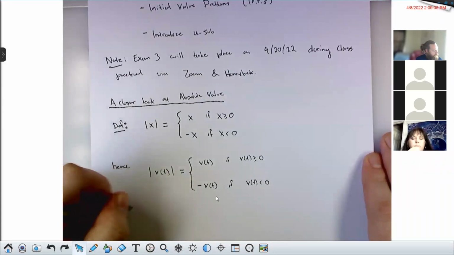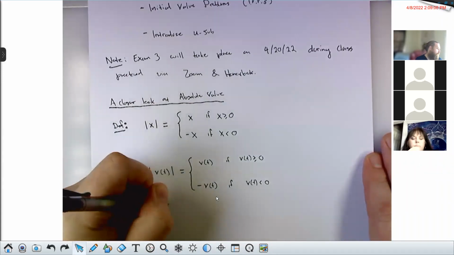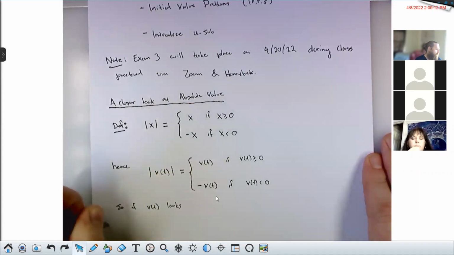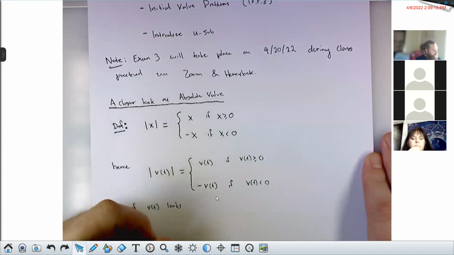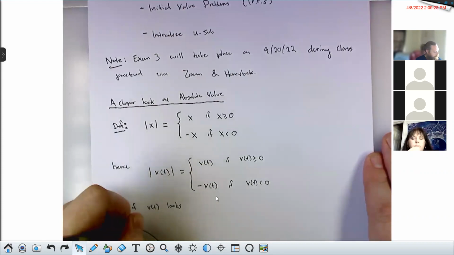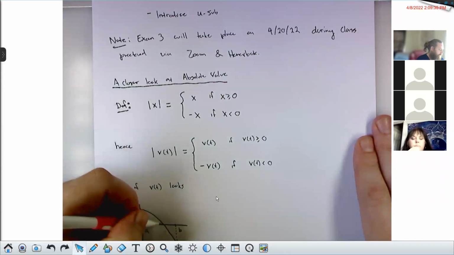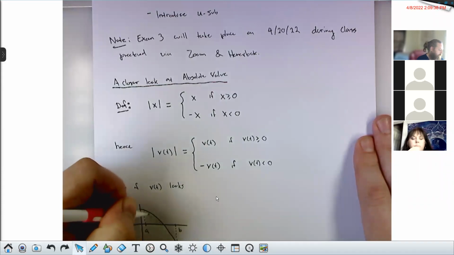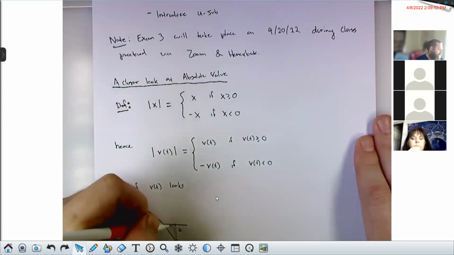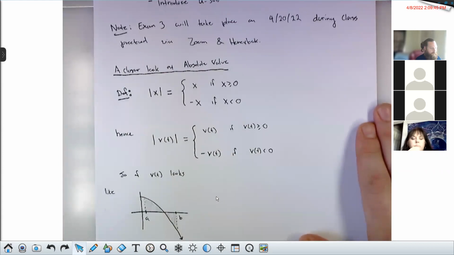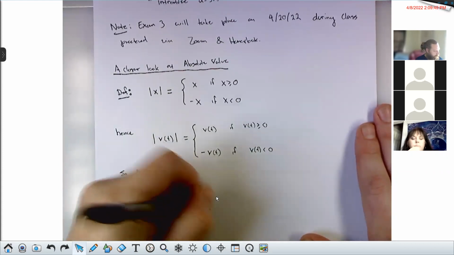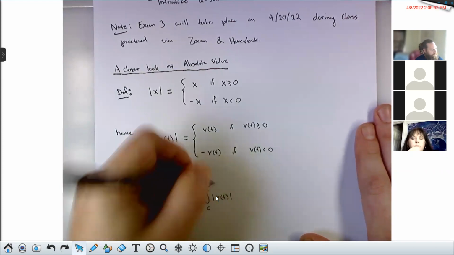So if v of t looks like this, and maybe a is here, b is here, and I want to integrate the absolute value of v of t, the integral from a to b of the absolute value of v of t dt.